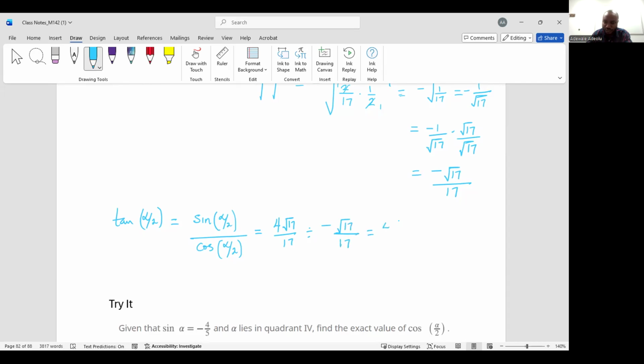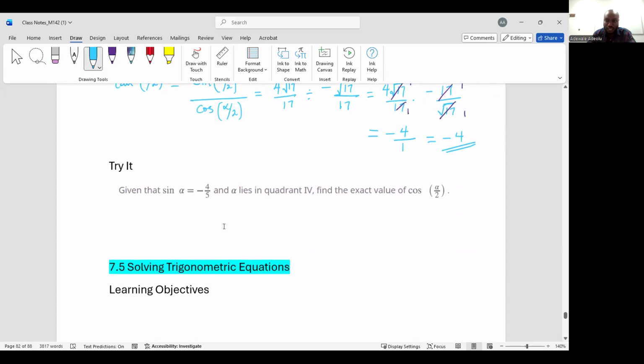Which is 4 root 17 over 17 times minus 17 over root 17. Since I have multiplication in between, this takes care of this: 17 here 1, 17 here 1. So our answer is 4 times minus 1, which is minus 4 divided by 1 times 1. So that is minus 4. Answer.